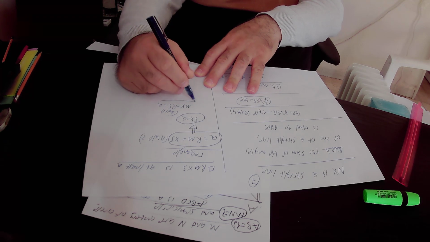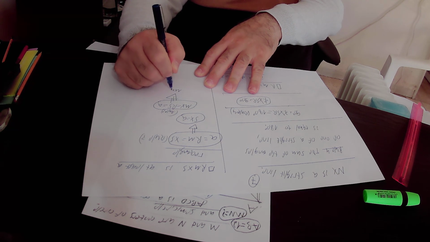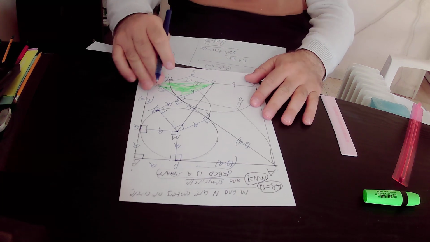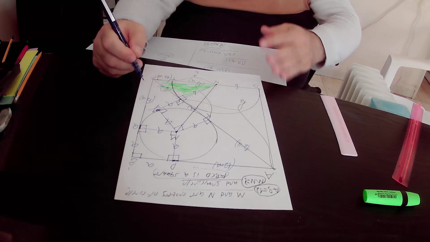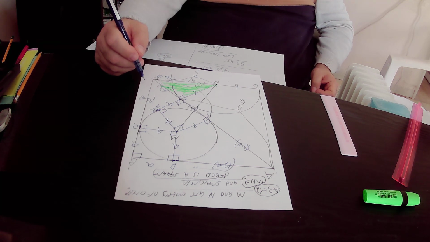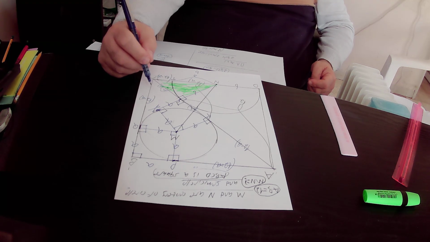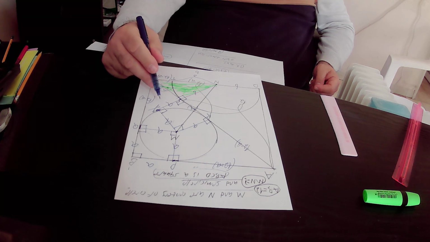From this equation, MX equals to RS equals to A, we will conclude that MX is also equal to A. MX equals to A. And actually we found out that quadrilateral RMXS is not just a rectangle, but it is a square. Why? Because all of its sides are equal to each other, they are equal to A.